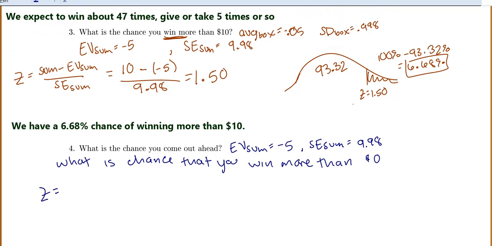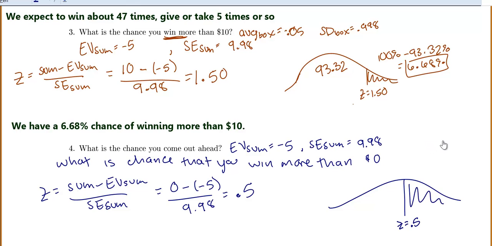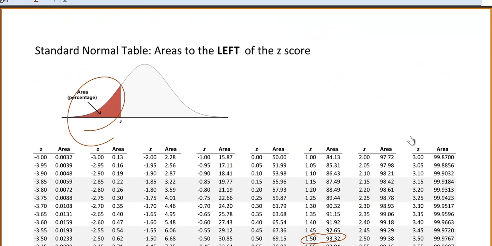So z, once again, is equal to the sum minus the expected value of the sum divided by the standard error of the sum. Now the sum I'm interested in is this $0. So 0 minus our expected value of -5 divided by the standard error of 9.98. This gives me about 0.5. So here's my z equals 0.5. I'm looking for the area to the right. If I look it up on my normal table, for my 0.5, the area to the left is 69.15.